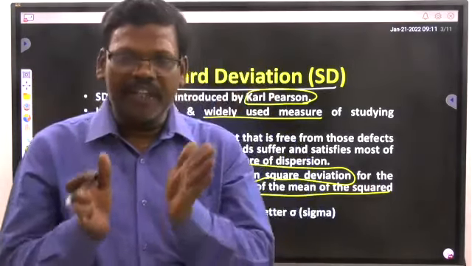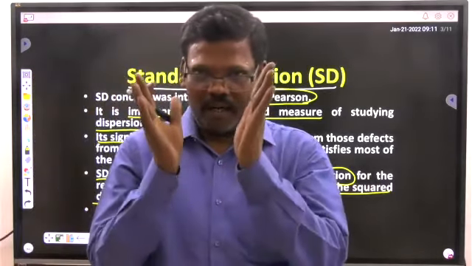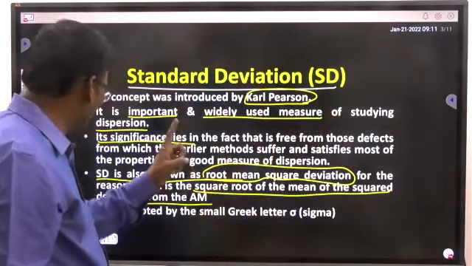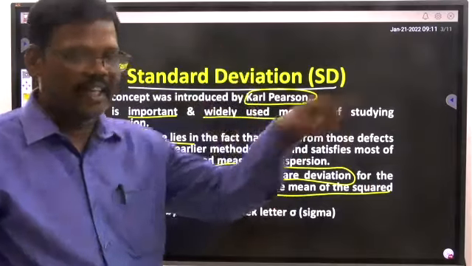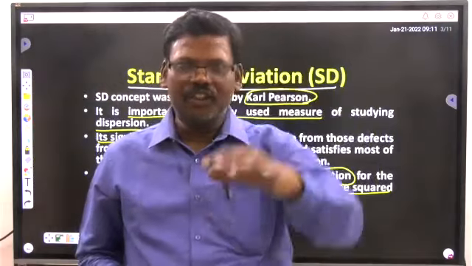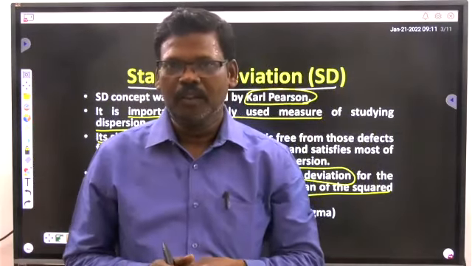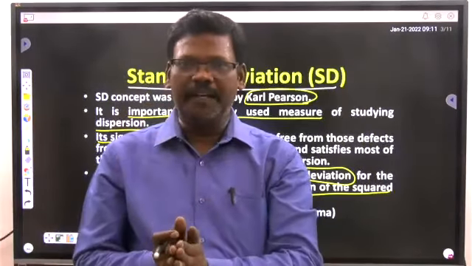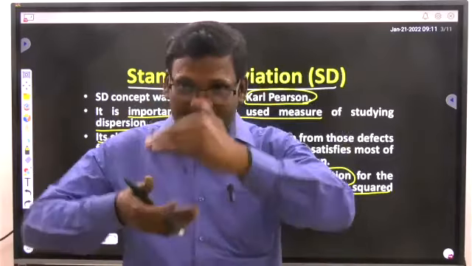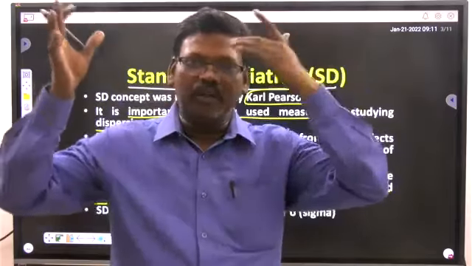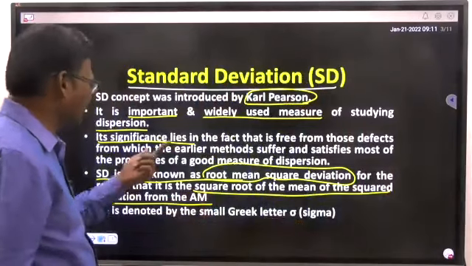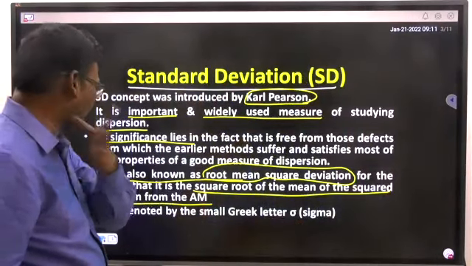Arithmetic mean is one of the basic methods in statistics. From that arithmetic mean, we take the deviations, and for that value we take the square root. So that's why it is called the root mean square deviation.